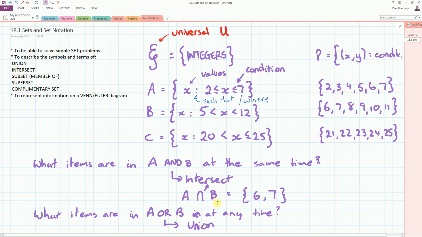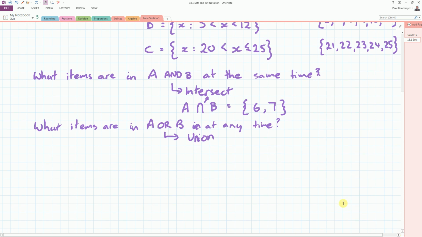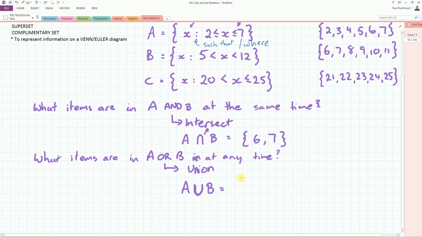And union, I wonder if this is just why it's called the union, or if this is where the symbol came from. The union is the loopy underneath. So it's not actually a U, it is a loop shape. So A union B is everything that's in either A or B at any point.